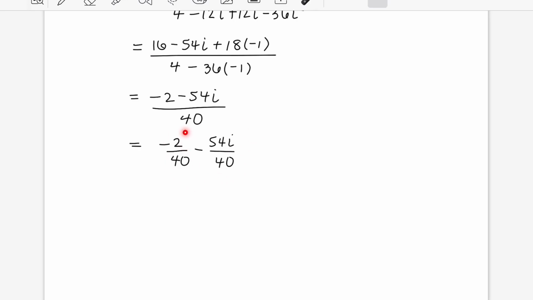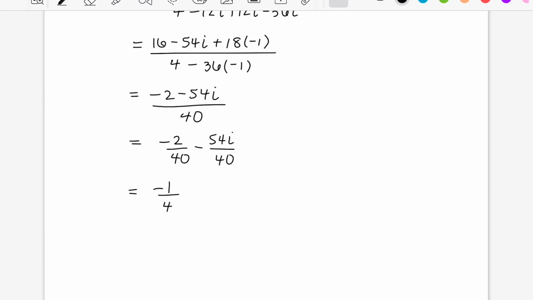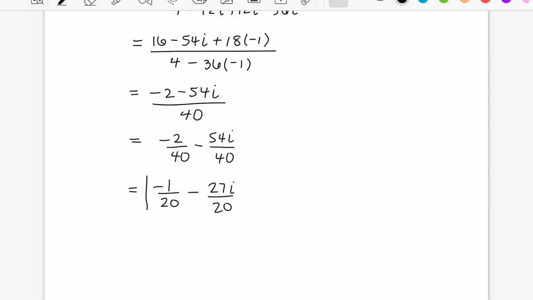And then we can simplify each of these. So we'll divide by 2. So we'll get negative 1 over 40 minus 27i over 40. Oh, sorry. We're dividing it all by 2, so our denominator should be divided by 2 as well. All right, so that is our answer there.